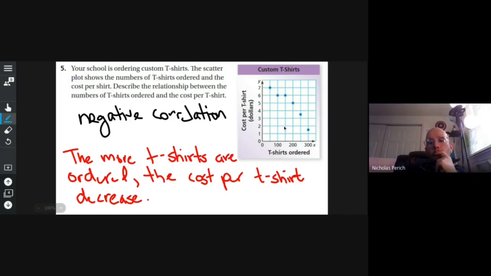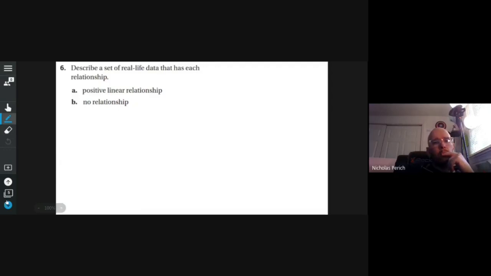Okay. That makes sense. You've heard of ordering in bulk. But this is definitely a negative correlation. Positive would look like this, and no correlation would be scattered everywhere.